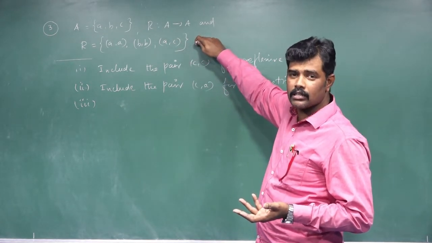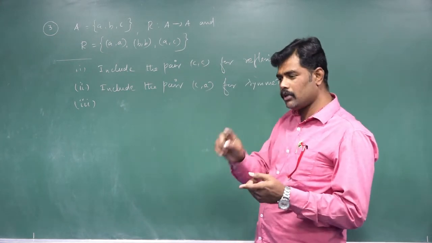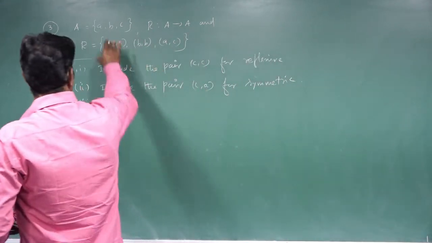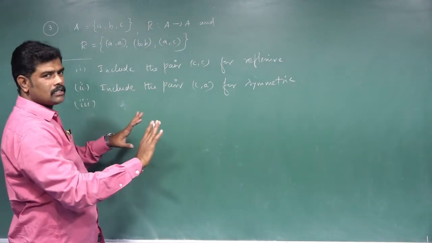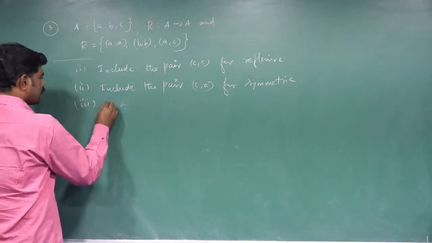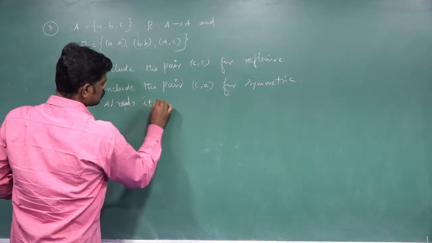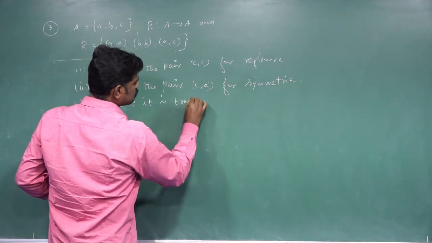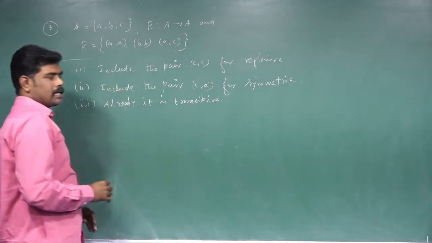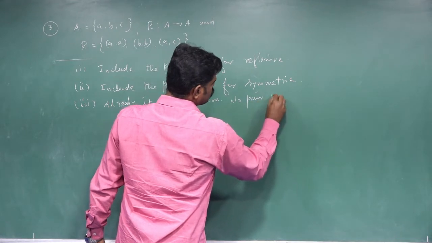There is no other pair which starts with the first element c. Then how do you verify (a,b), (b,c), then (a,c) belongs to R? That is not possible here. So by the given relation itself, it is already transitive. So here you don't need to add any other pair. No pairs needed.